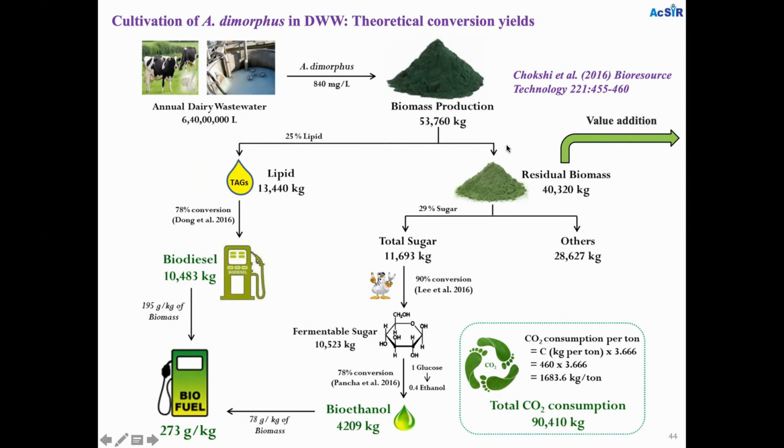So this 53 ton contains around 25% lipid, which can be converted into biodiesel. The lipid extracted biomass, which can be further utilized for value addition, contains around 29% sugar. So this sugar can be fermented to ethanol. So all in all, we can convert this lipid and carbohydrate into biodiesel and bioethanol respectively.